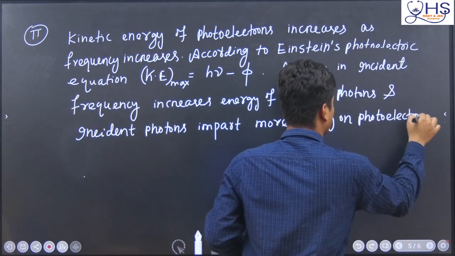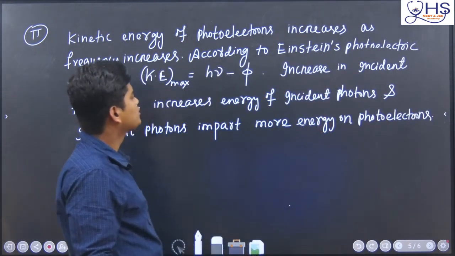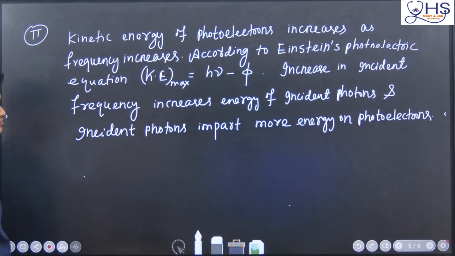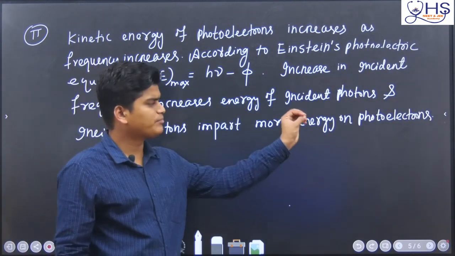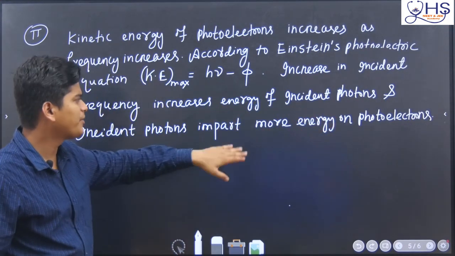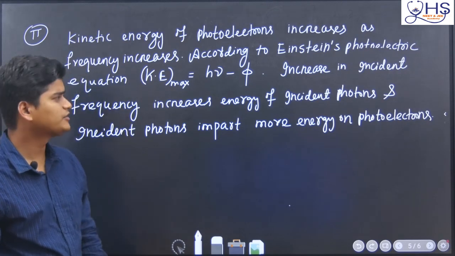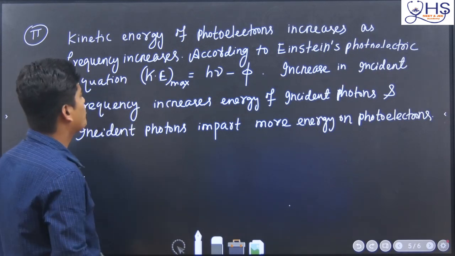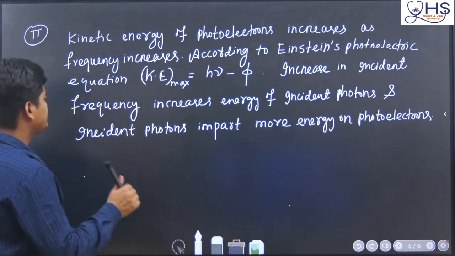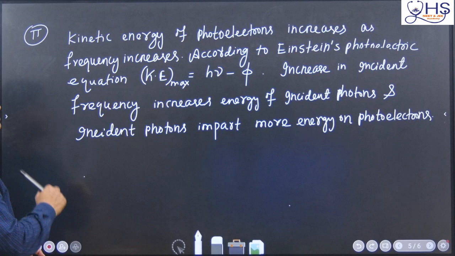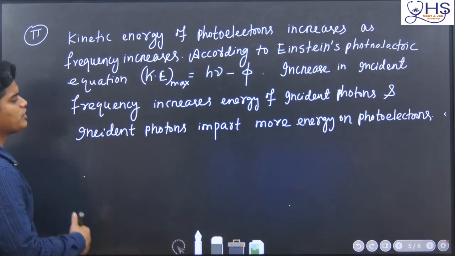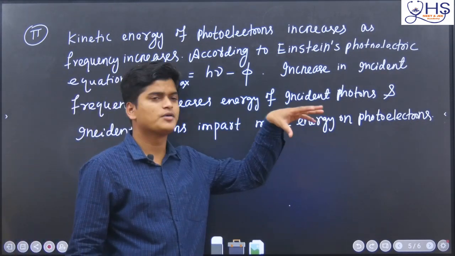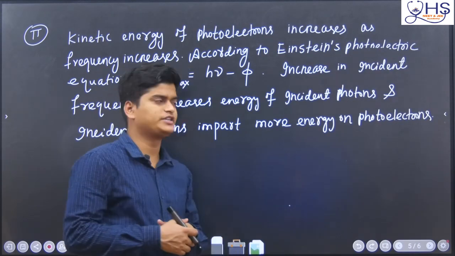So, this is the idea you can remember. If it imparts more energy on the photoelectrons, then what will happen? The kinetic energy will increase. So, kinetic energy of photoelectrons increases as frequency increases according to Einstein's photoelectric equation, and increase in incident frequency increases energy of incident photon, and incident photon imparts more energy on photoelectrons, so that kinetic energy will increase.